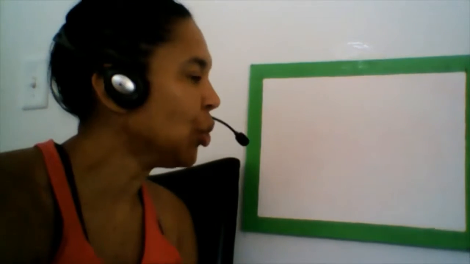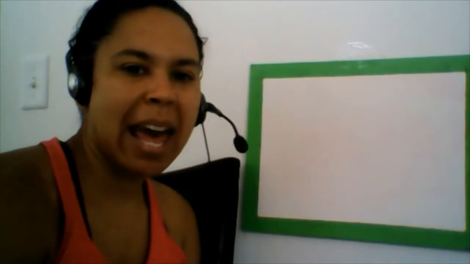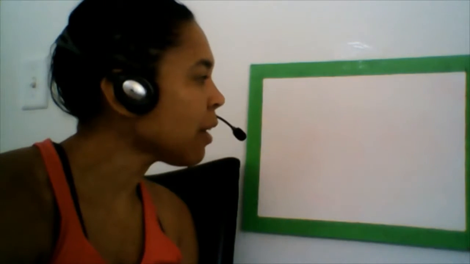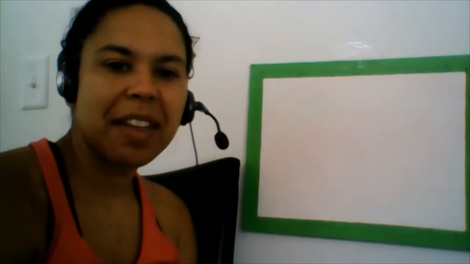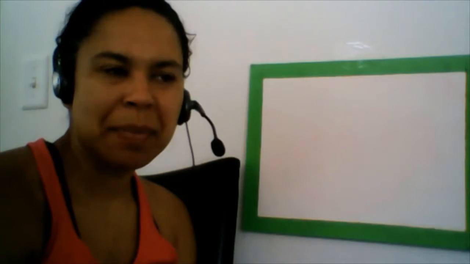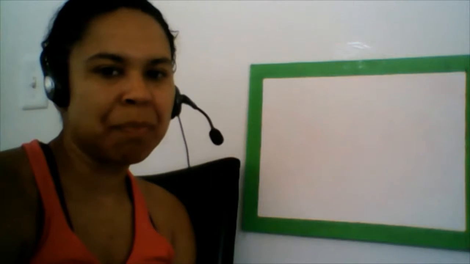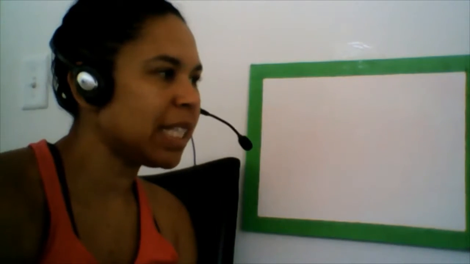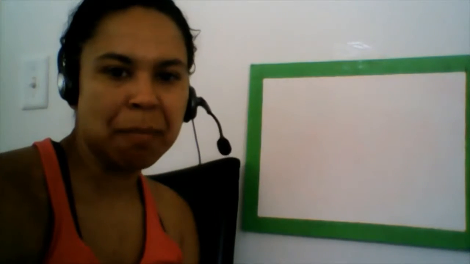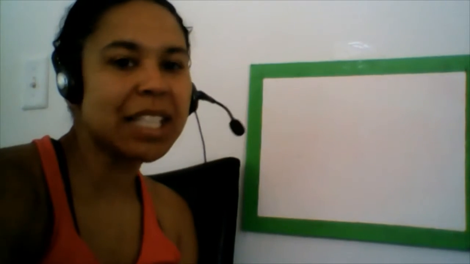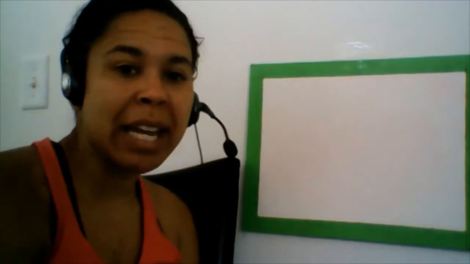It says 2 letters. Let's count. 1, 2. And what 2 letters do we have here? We have A, M. So we go am. We hear 2 letters when we say the word am. On the next, let's turn the page. It says 3 letters. What 3 letters do we see?